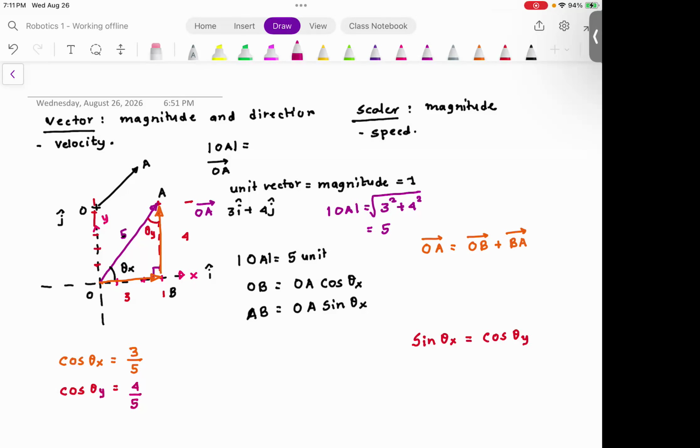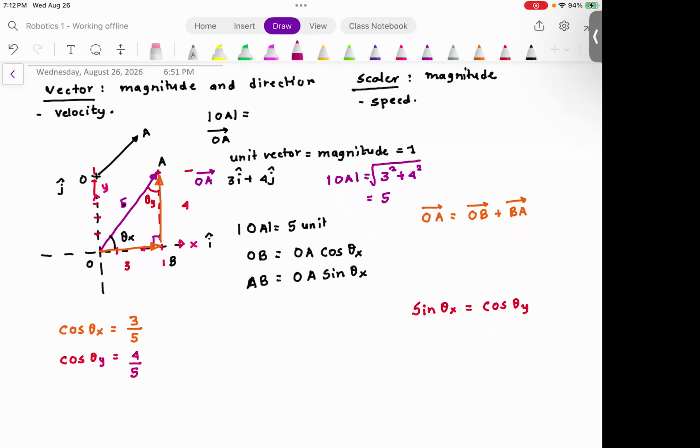Rather than going in this direction and then this direction, I stand here, angle myself in this direction and travel 5 units. That's perfectly fine. But the question is, how do you know how much to turn? But you already know the value of cosine theta x. You already know theta x, theta y. So you can find out the values of theta and orient yourself.